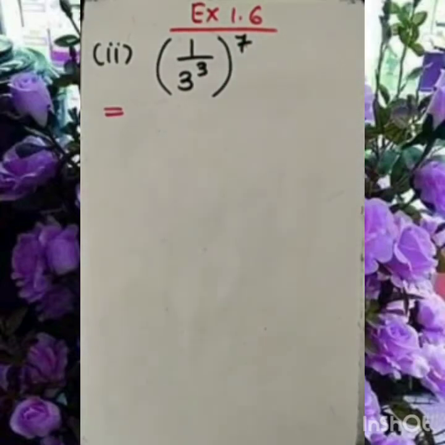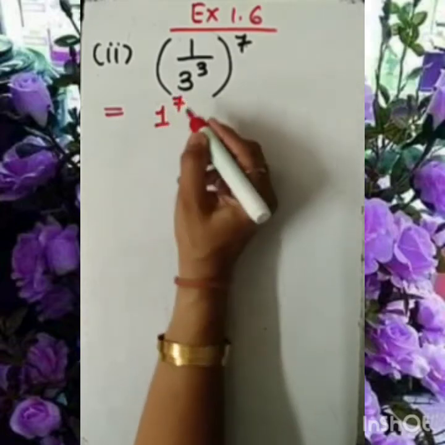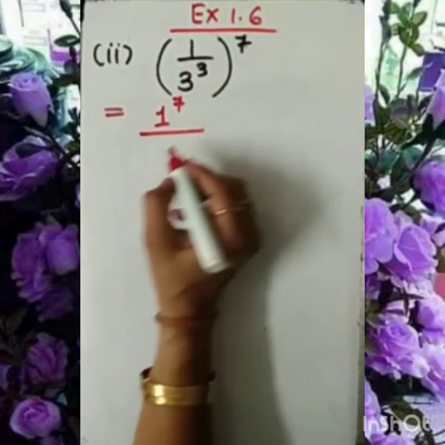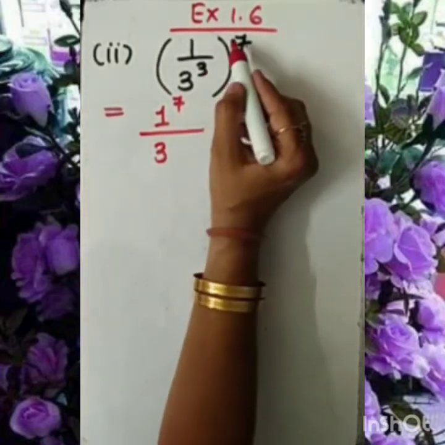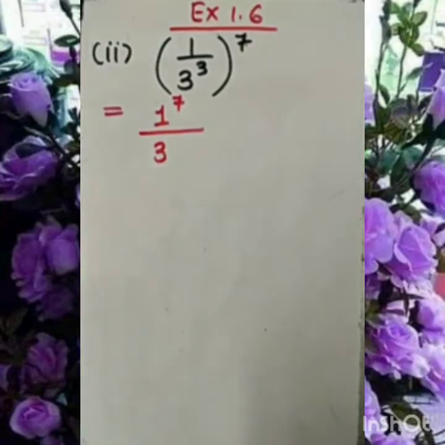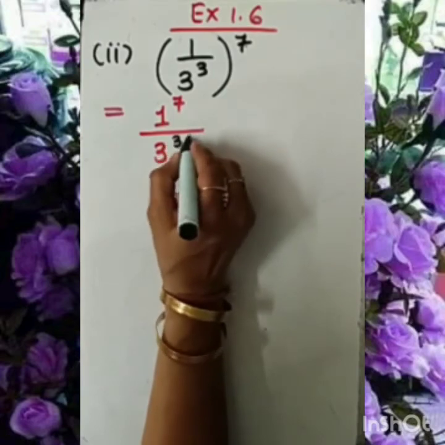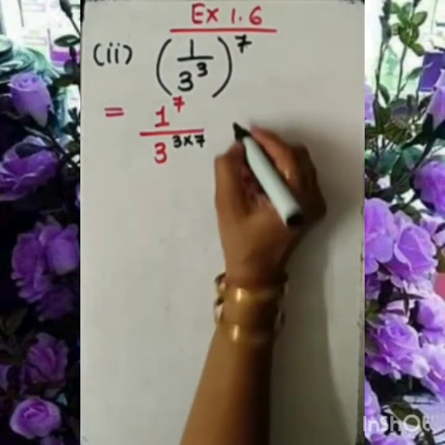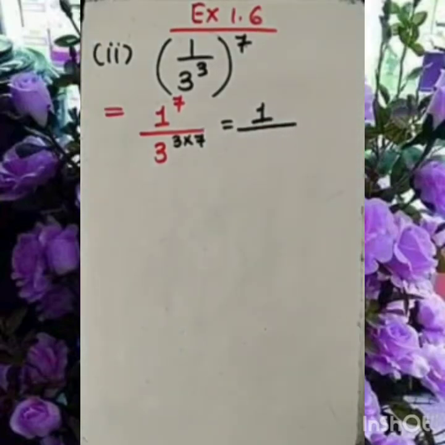In such a case, yes, we need to multiply: 1 to the power 7, and here the base 3, we need to multiply this power with this. So please write it in small writing, as we have to multiply here this time. 1 to the power 7 is only 1, because 1 into 1 into 1, 7 times, the answer will be 1 only.